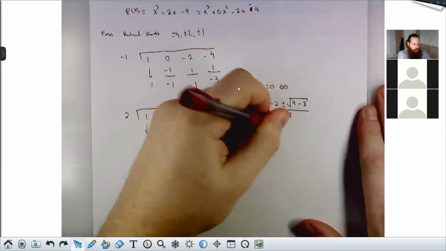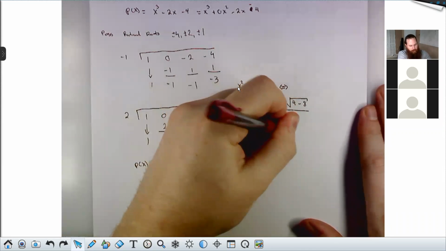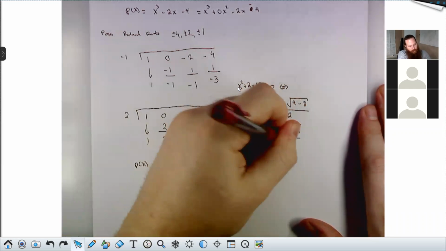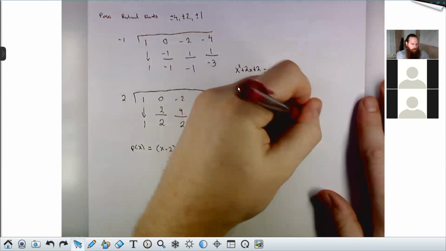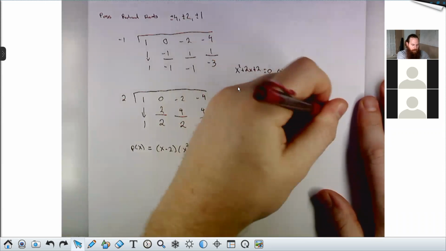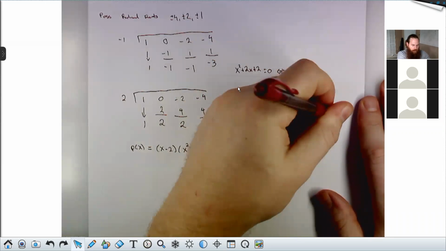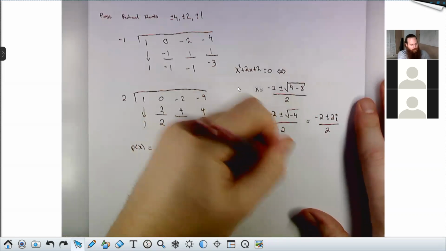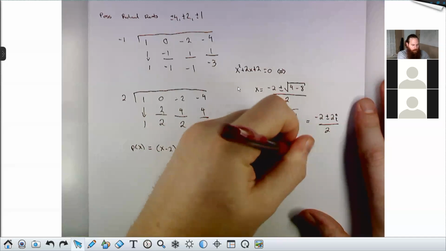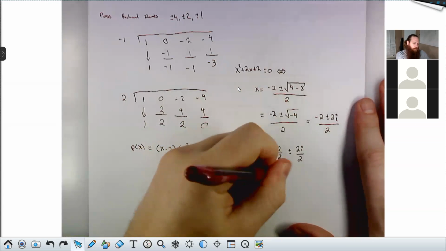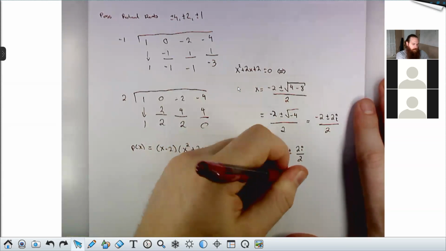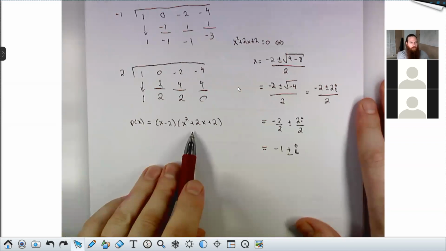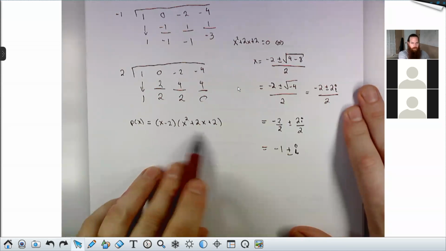So this is negative 2 plus or minus the square root of negative 4 all over 2, which is negative 2 plus or minus 2i over 2, that's negative 2 over 2 plus and minus 2i over 2, or negative 1 plus or minus i. So these are the complex roots of the quadratic part here.